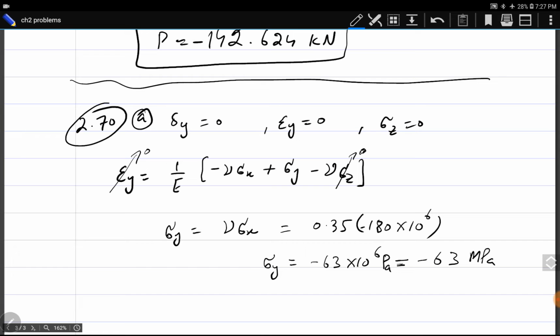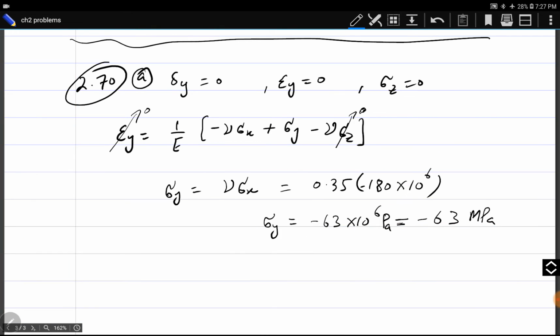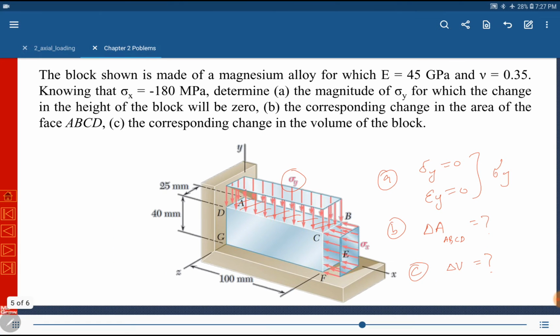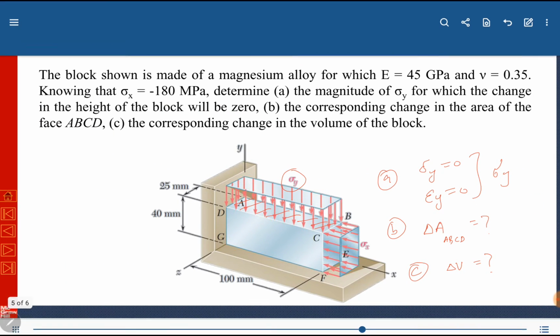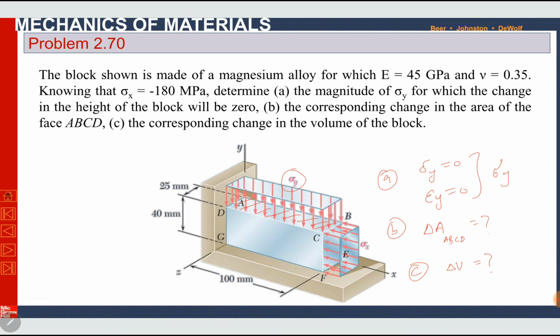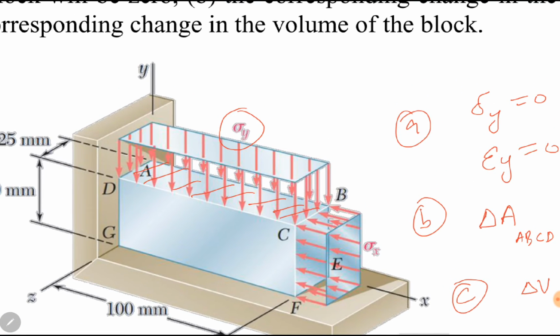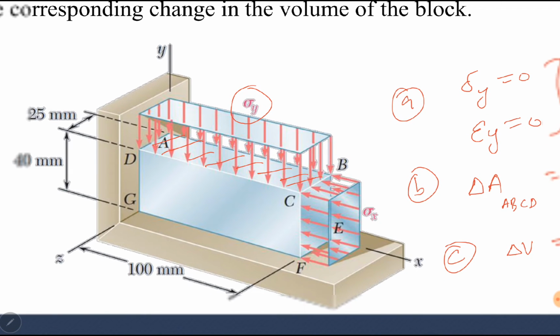Okay. In the second part, we are required to find del A, change in area of surface ABCD. Here is surface ABCD, this top surface. For this, first we need the initial area. Initial area is length into width.